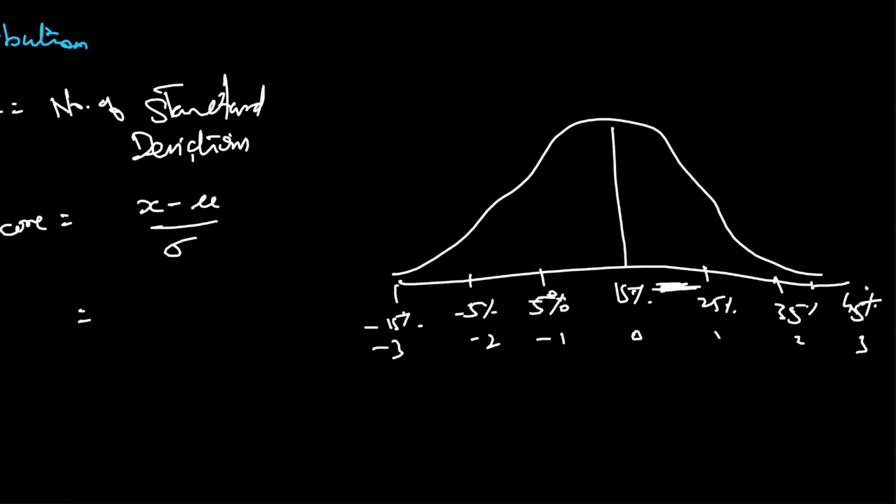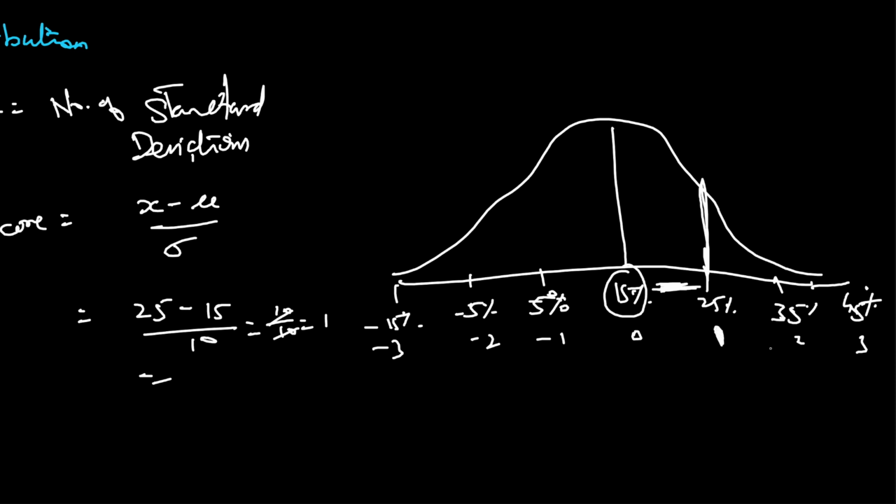Okay, so now if I want to know the Z score of this 25%, all I have to do is 25 minus mu, the mean, which is 15, divided by 10. So when I calculate, the Z score is 1, which is mentioned here.